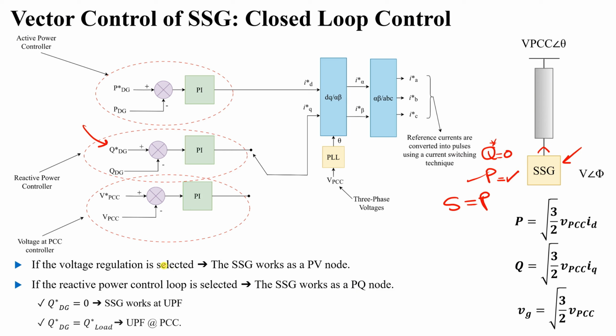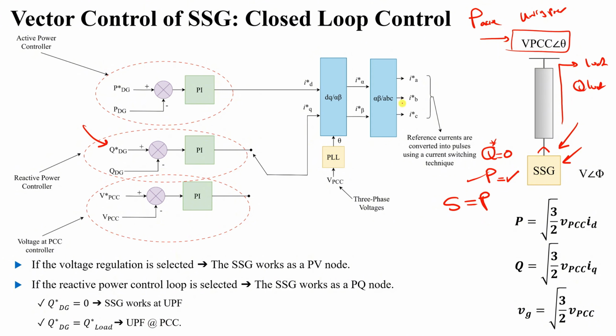What if I selected Q to be Q load? In this case, the grid itself will be at unity power factor. Why? Because the grid will only give active power, right? Because the Q needed for our load, Q of the load, is taken from this synchronous generator. The grid will give only active power, making it work at unity power factor at the point of common coupling, of course.